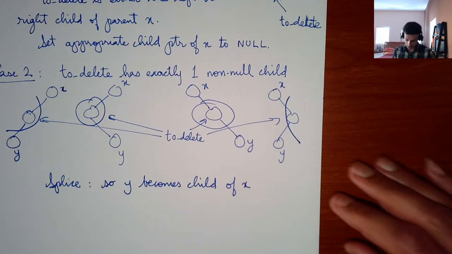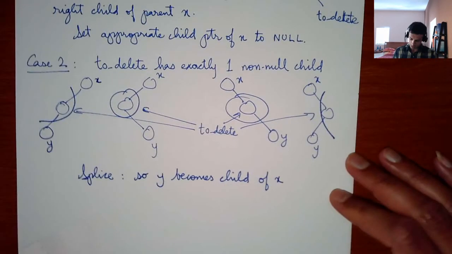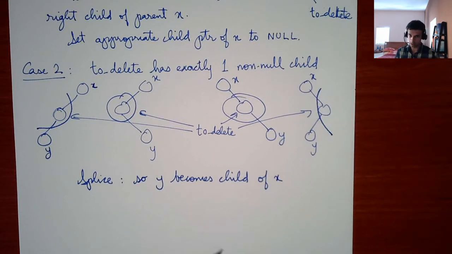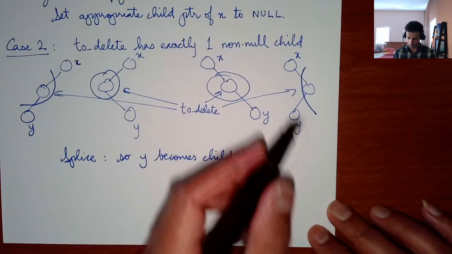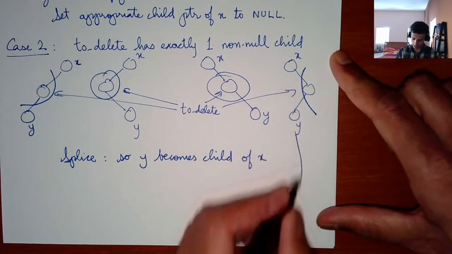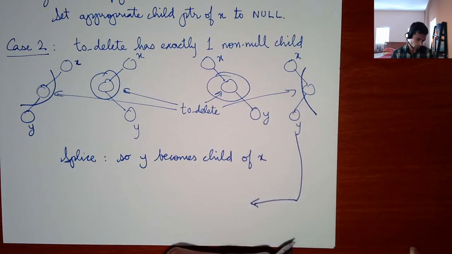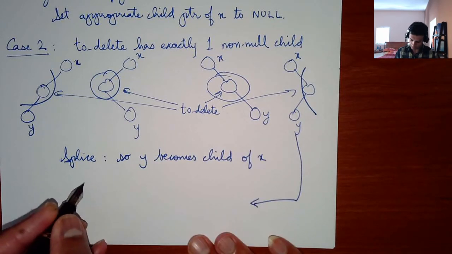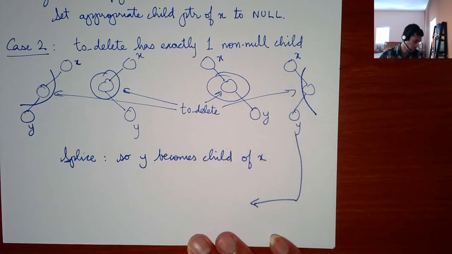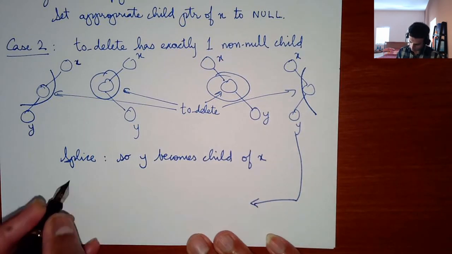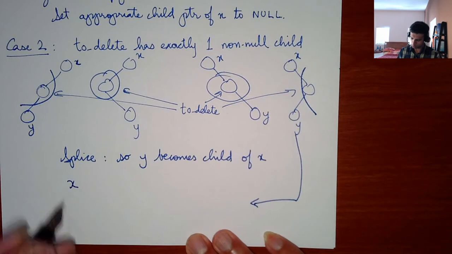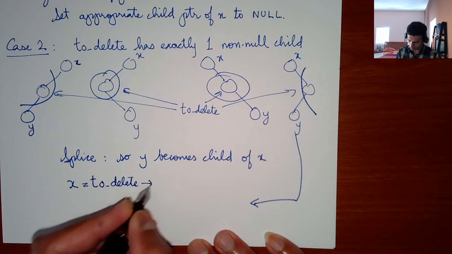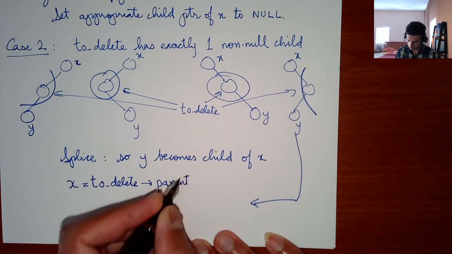So what happens here is, let me just explain one case and you can work out the other cases. So I'll explain maybe this case over here. So in this case, what we're going to do is, let me just make sure I get this right. So we say X. Okay, so what was X? This is the parent, right?